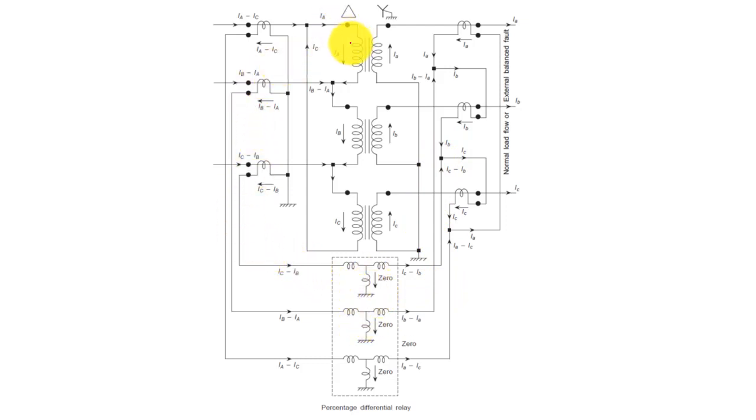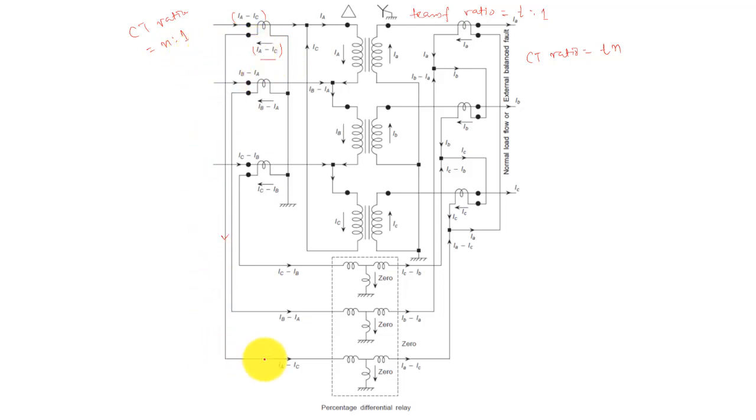How will it become 0? Let us say the transformer ratio is T:1, and the CT ratio at the primary side is N:1, and the CT ratio at the secondary side will obviously be Tn, right? Now the current flowing through this will be Ia minus Ic, because we considered n equal to 1. Let us now consider in terms of T and n.